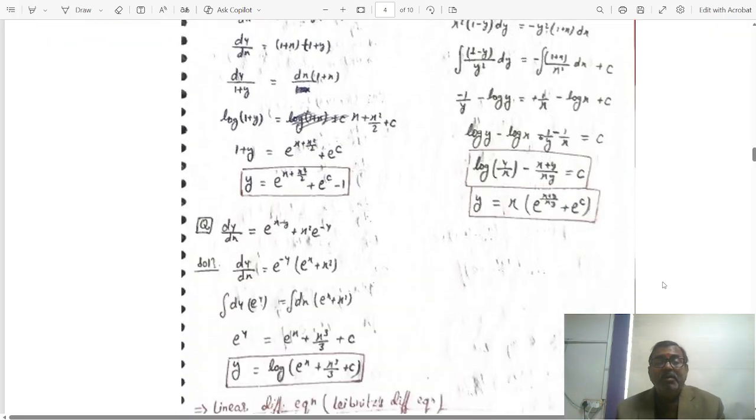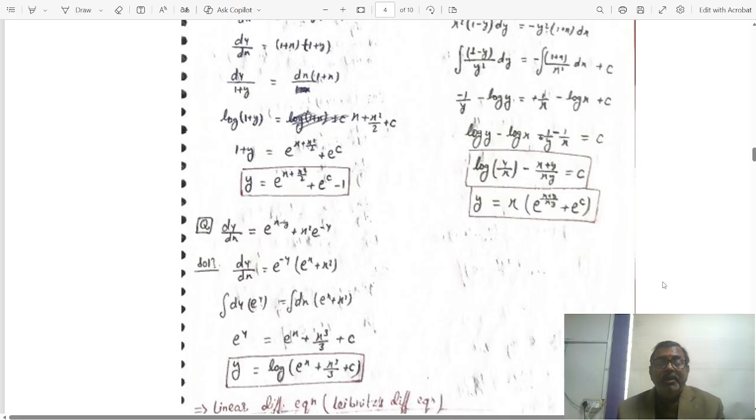Another example is dy/dx = e^(x−y) + x² e^(−y). So dy/dx = e^(−y) common, so we can write (e^x + x²). On simplification, that is e^y dy = (e^x + x²) dx.